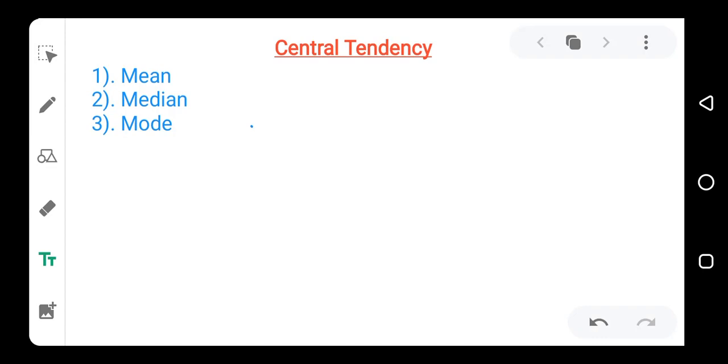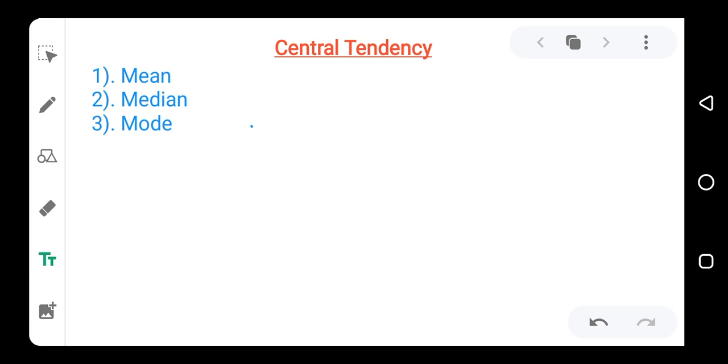Now we are going to start with mean. A mean of a data set is gotten when we add the numbers and then divide it.